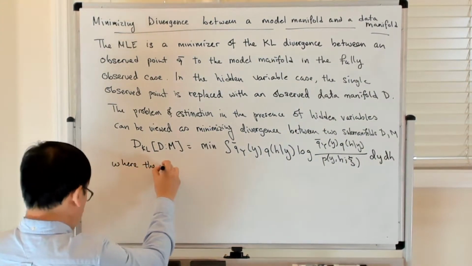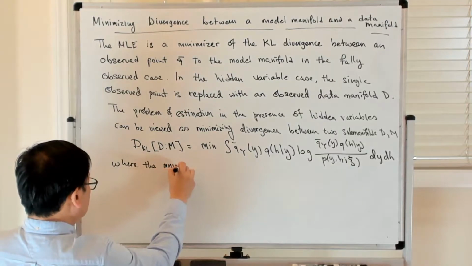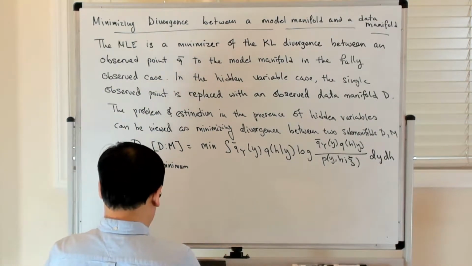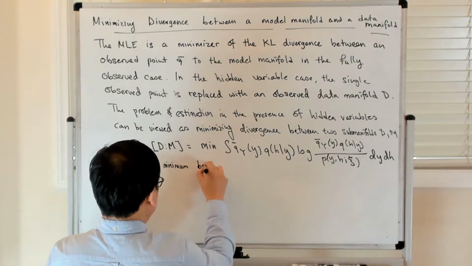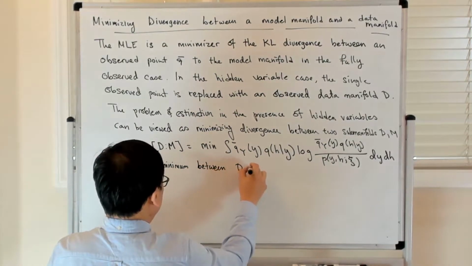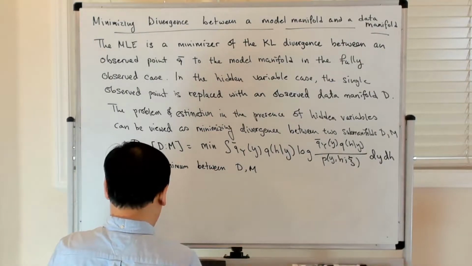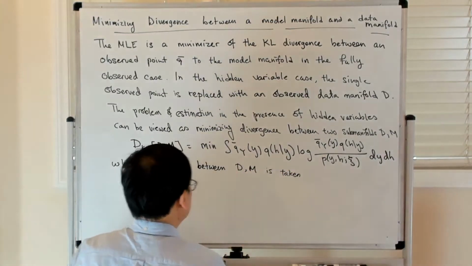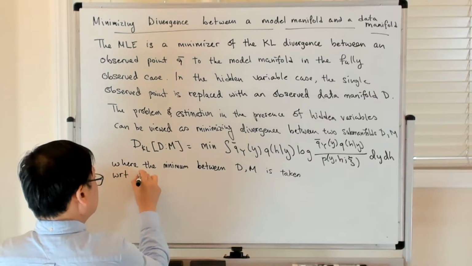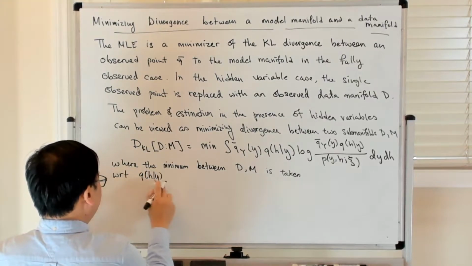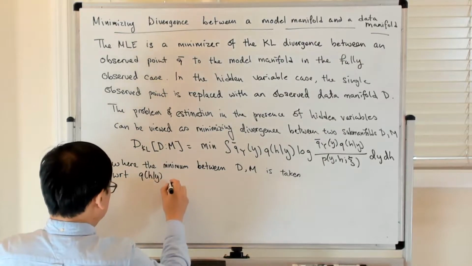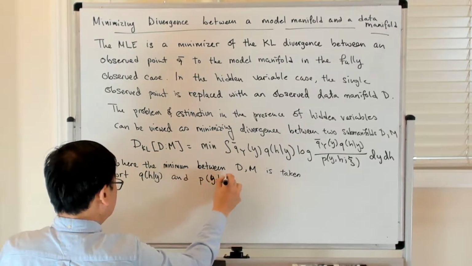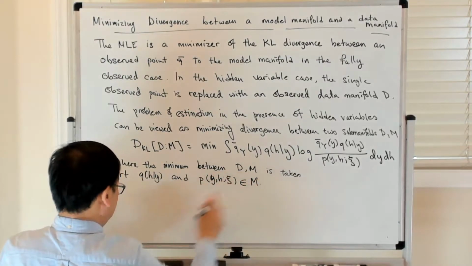The minimum between D and M is taken with respect to Q(h|y), so I have to vary over Q(h|y) and P(y,h), which is in the model manifold.